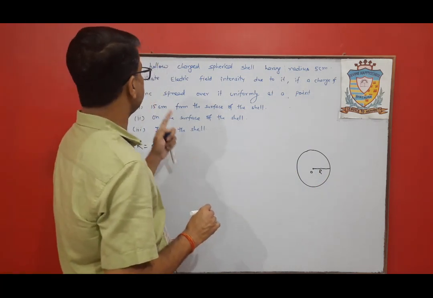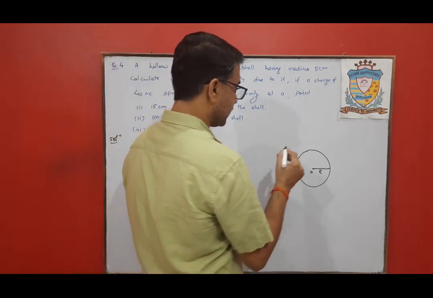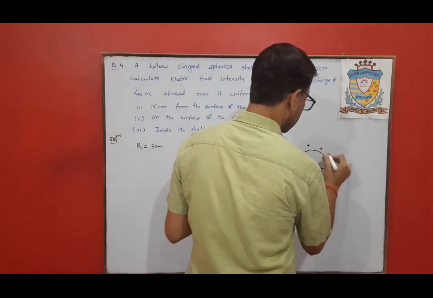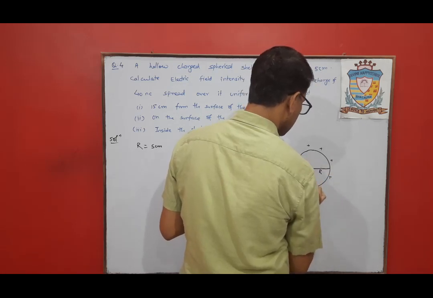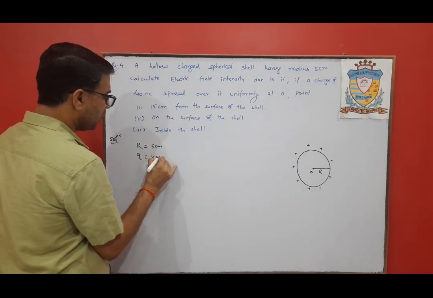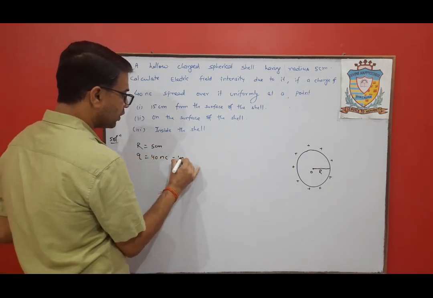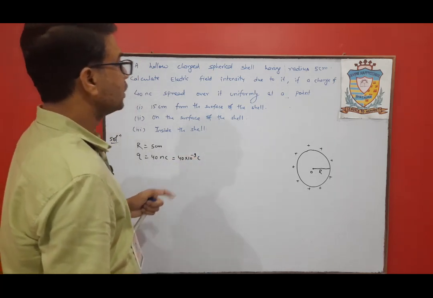Okay, and a charge of 40 nanocoulomb is spread over it. That means the value of the charge is 40 nanocoulomb, that means 40 into 10 to the power minus 9 coulomb, uniformly.